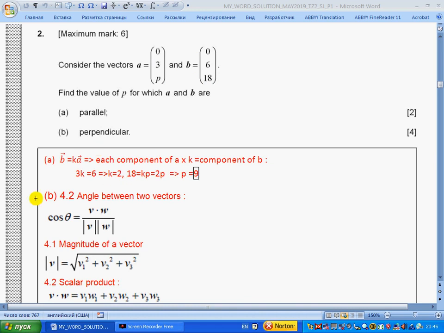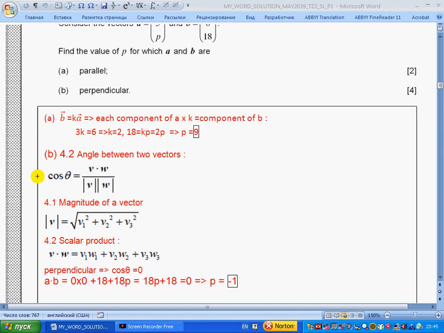To show that the vectors are perpendicular, we are using section 4.2. The angle between two vectors is found from cosine. Cosine will be equal to the scalar product divided by their magnitudes. The magnitude of a vector is given by this expression, the scalar product is given by this expression.